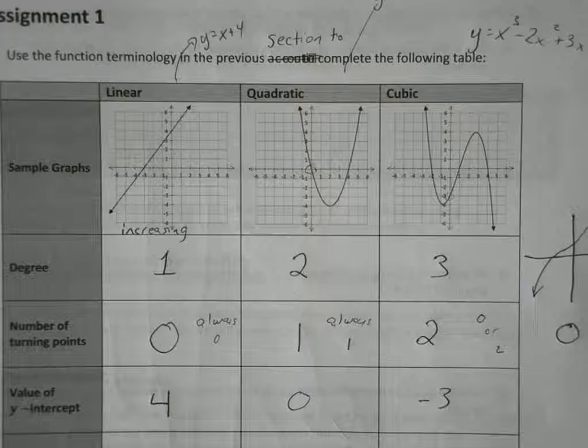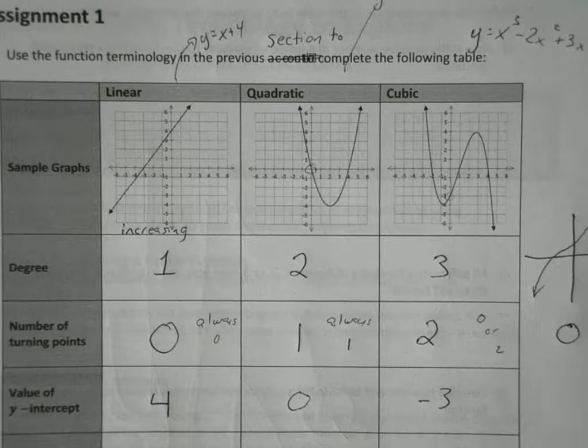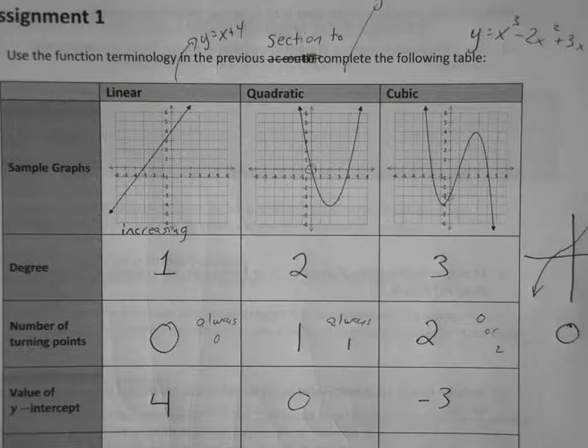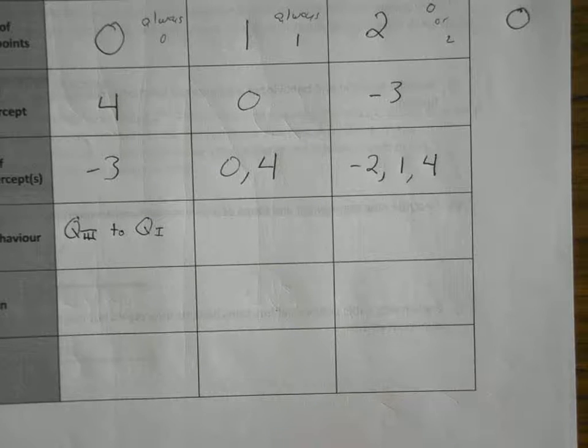Look, I'm multimedia right now. So it starts in quadrant 2, kind of dabbles around in quadrant 4 there, bends up, and where does it end up? 1. So the end behavior of that quadratic is quadrant 2 to quadrant 1.